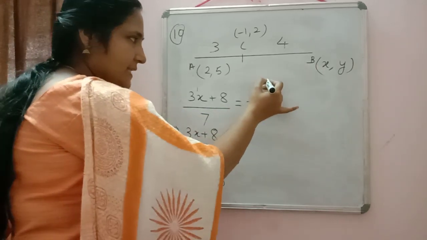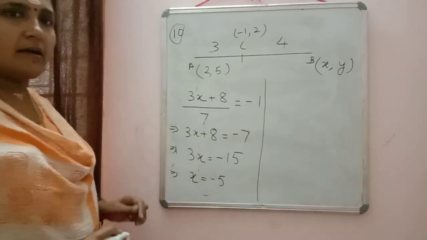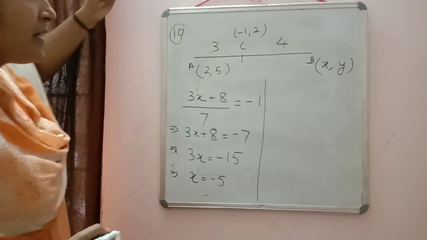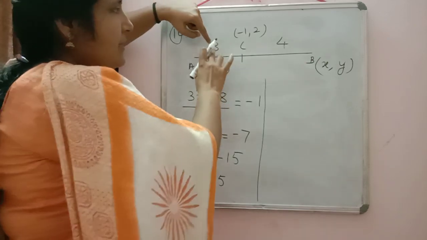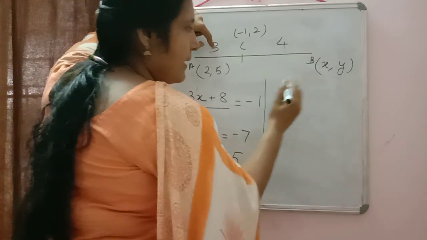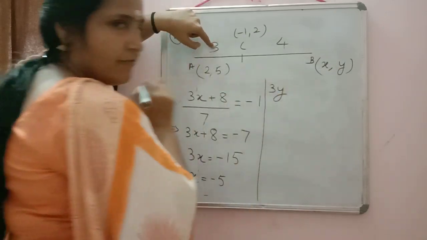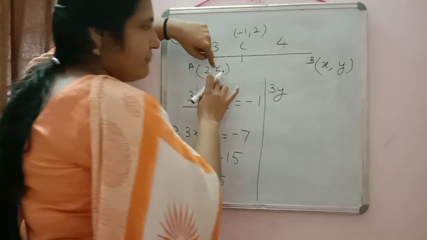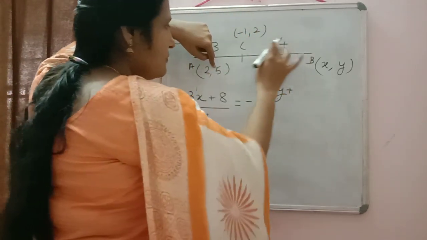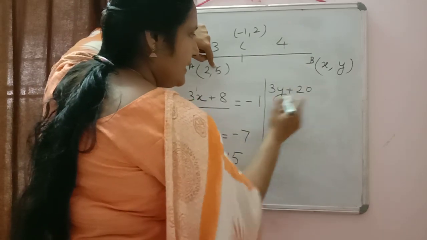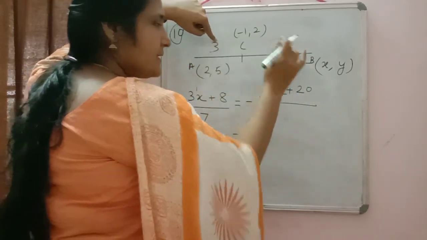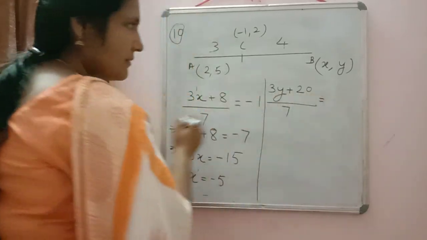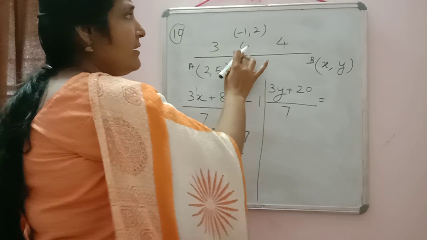In the same way we will check what will be the y coordinate of B. First according to section formula it will be equal to 3 multiplied by y, 3y, plus 4 multiplied by 5, the corresponding y coordinate. So 4 into 5, 20, by m1 plus m2, 3 plus 4, 7, is equal to, what is the y coordinate given here? 2.